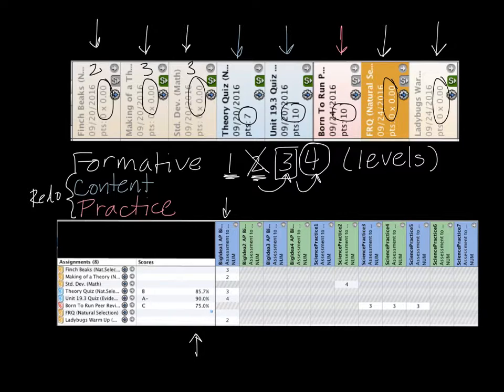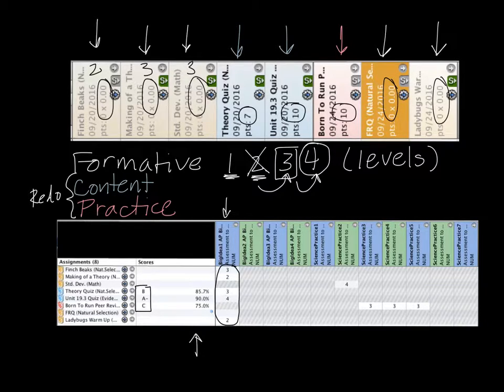You can see all the assignments that deal with that standard have a level of understanding with them. 1s, 2s, 3s, and 4s. So besides having the typical grade that you would see in the content and practice assessments, there is also going to be a level of understanding associated with those. Those levels don't contribute to the grade or add to the grade, but again, it helps me as a teacher to track how they're doing.